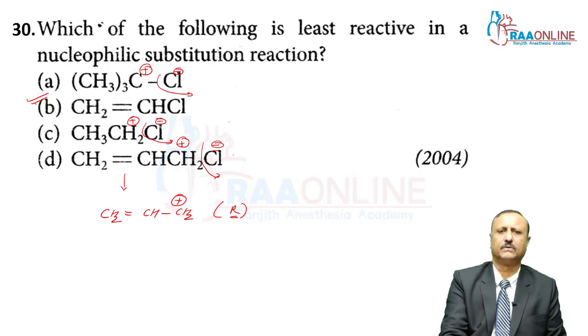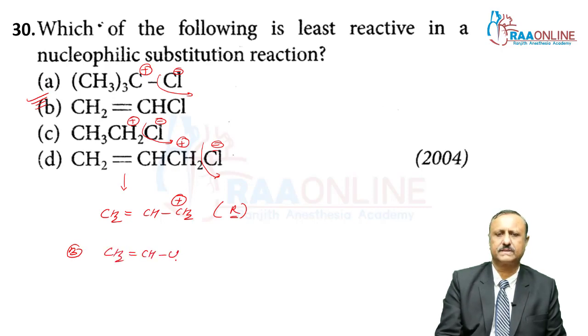It is the least reactive because option B is CH2 double bond CH and Cl. My dear students, when this Cl group leaves in solution, it forms CH2 double bond CH plus charge.